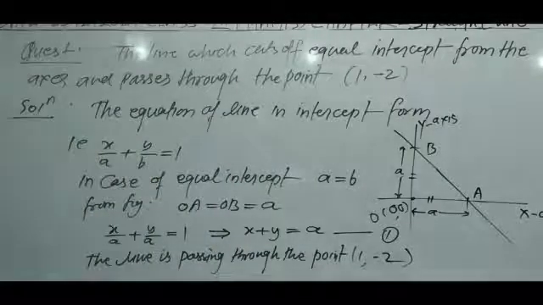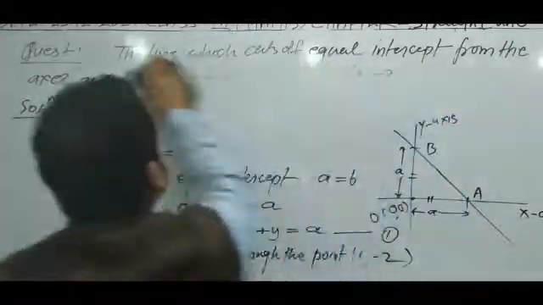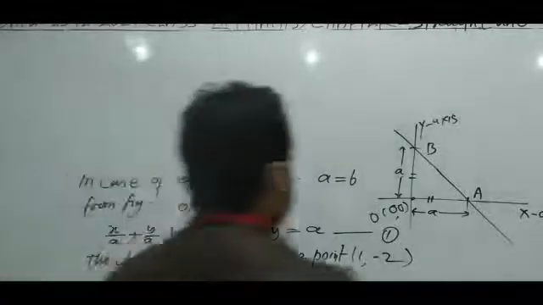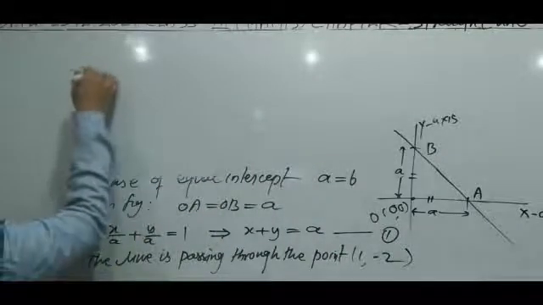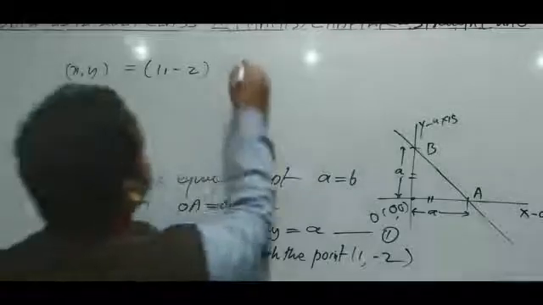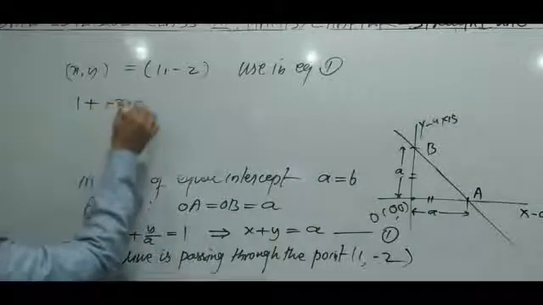Therefore, this point will satisfy the equation. Now see, this point will satisfy the equation of the line. Putting x comma y, that is (1, minus 2), in equation 1, the result will be 1 plus minus 2 is equal to a.